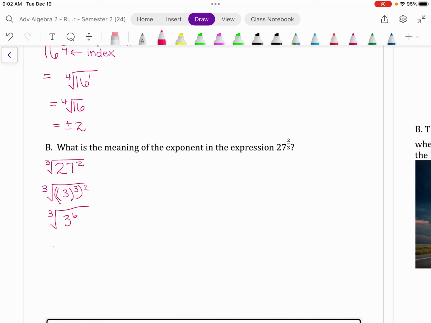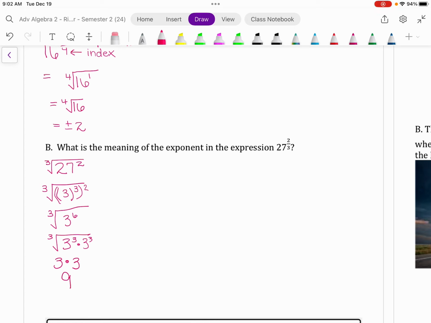So if we think about splitting that into groups of 3, I would have 3 to the 3rd times 3 to the 3rd. So that's actually just 3 times 3 for the answer of 9.